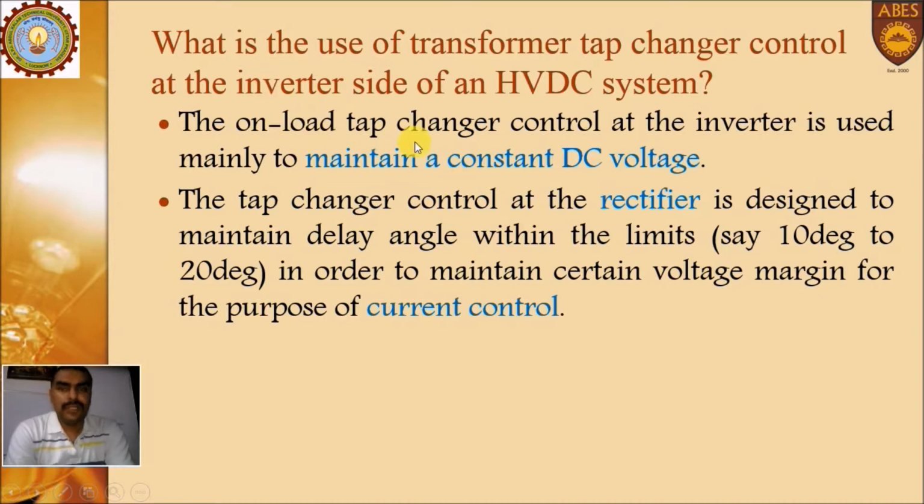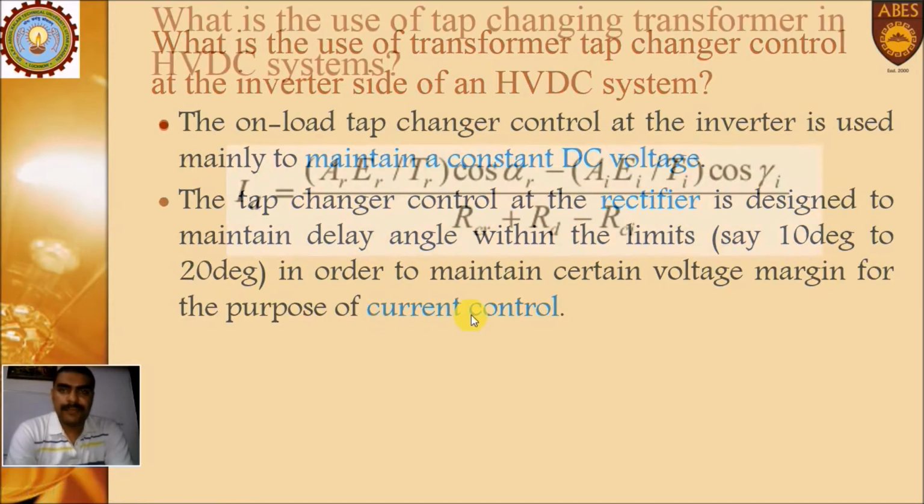So the function of the on-load tap changer control at the inverter is to maintain a constant DC voltage. Similarly, the function of the tap changer at the rectifier is to maintain the constant current in the DC link.